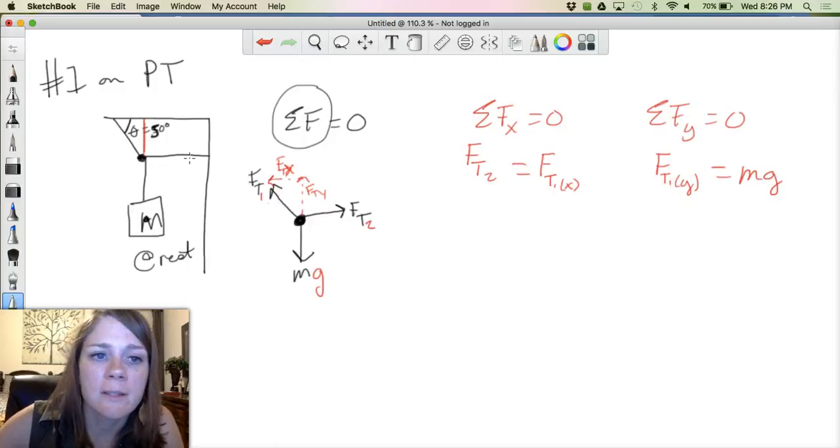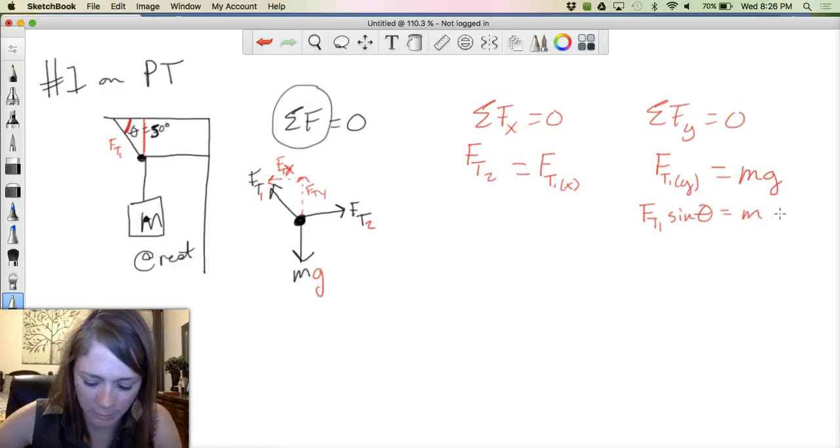If this is my angle, this is my hypotenuse, this is going to be my tension force. This side is opposite of the angle, so I'm going to use sine theta. So Ft1 sine theta is equal to mg.